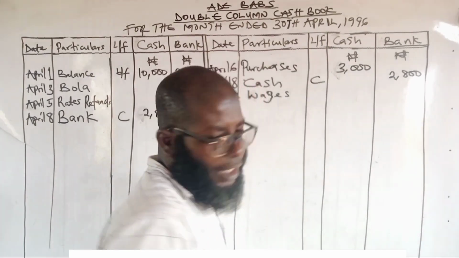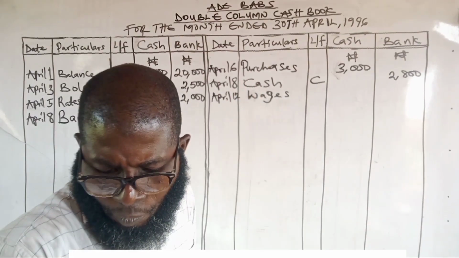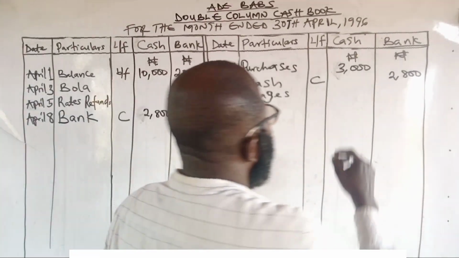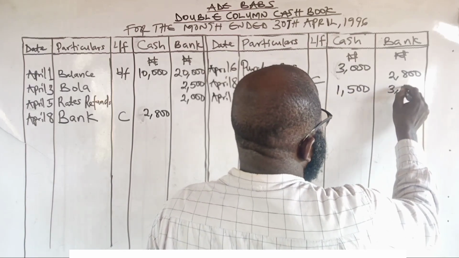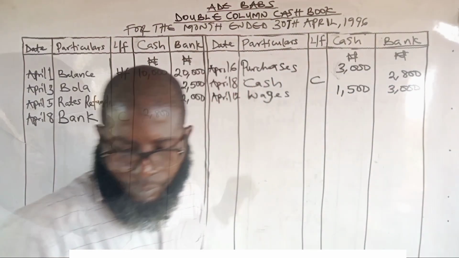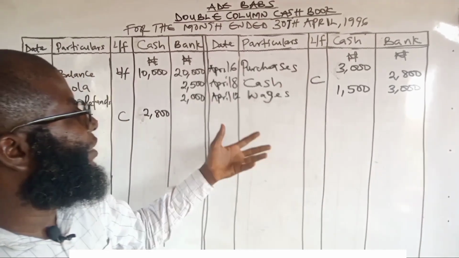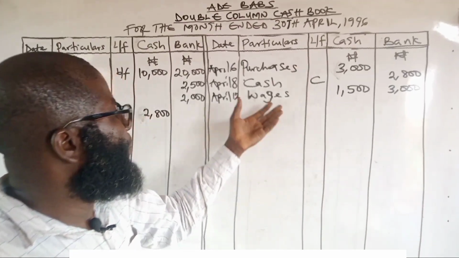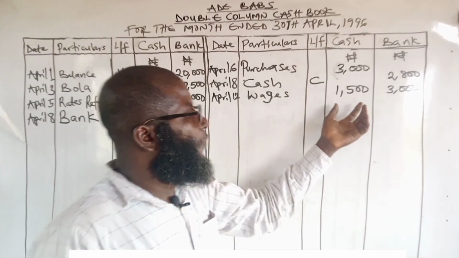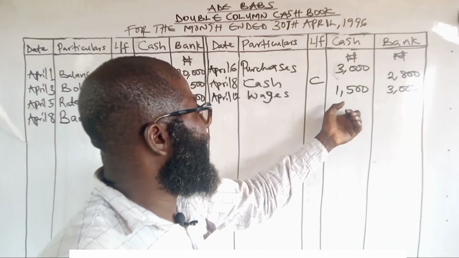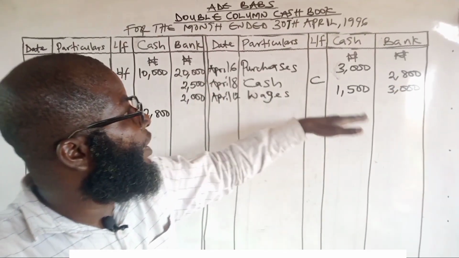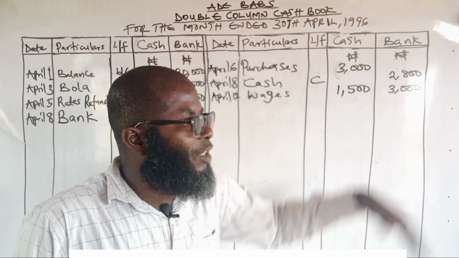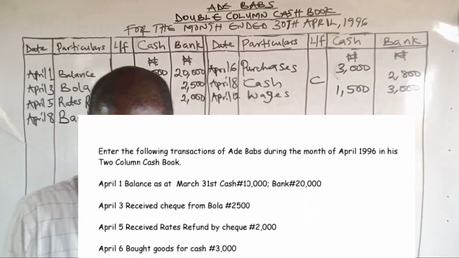Then for the cash, it is 1,500 naira. Put it under cash. The check is 3,000 naira. Meaning that during the month of April, I paid wages to my workers. The first form is through cash, while the second one is through check. That is the reason we're having it on the credit side of the double column cash book.